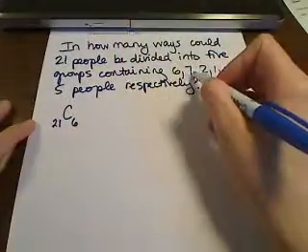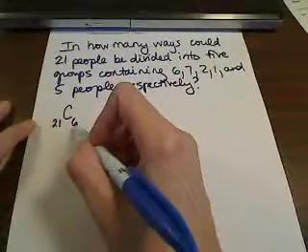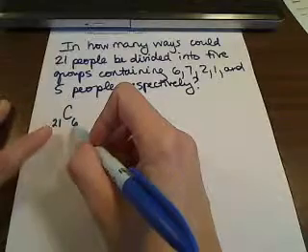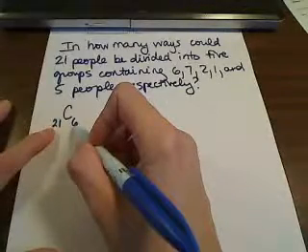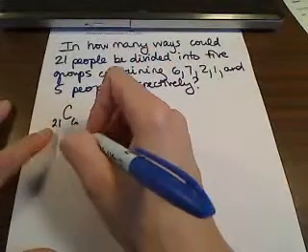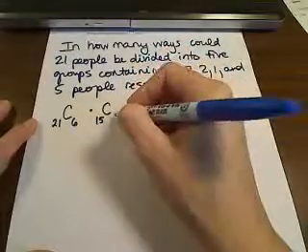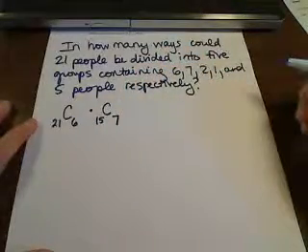Okay, and then I want to do the group of 7 next. With the group of 7, notice that I've already assigned 6 people, so I don't have 21 to choose from anymore. I actually have 15, because if you take 21 minus 6, you have 15 people left. So for this group of 7, I can draw from 15 people.